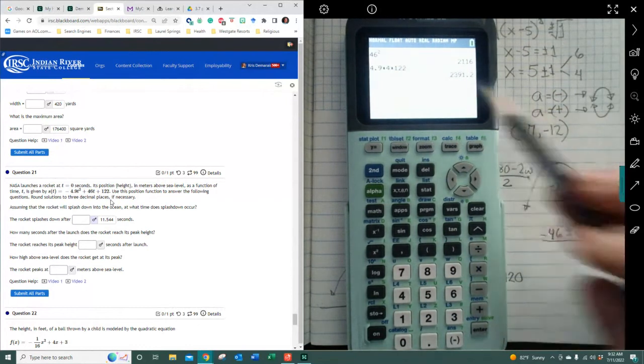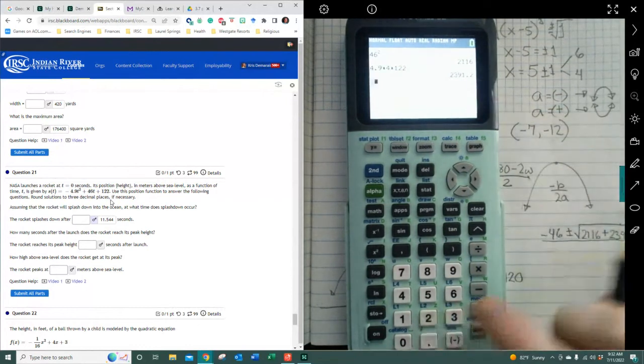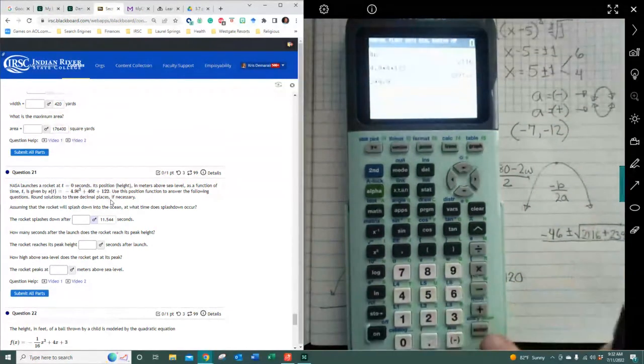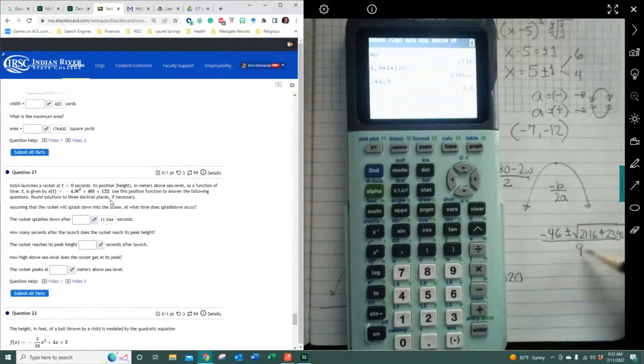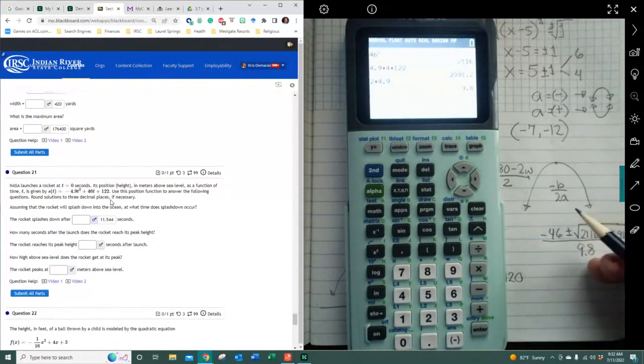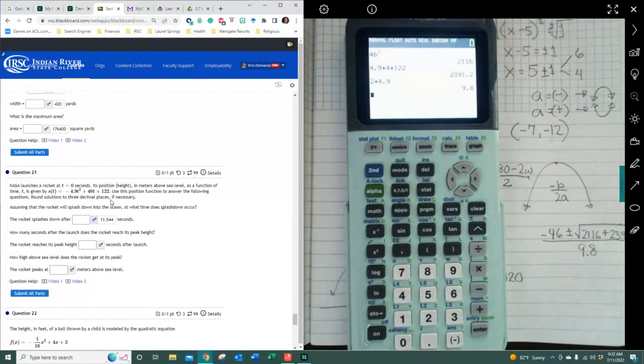And then we're looking at 2 times 4.9. All right. Now, when we're looking at this, we want to consider the fact that we don't care about the negative side.